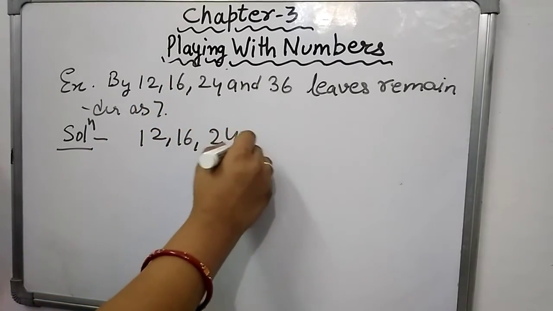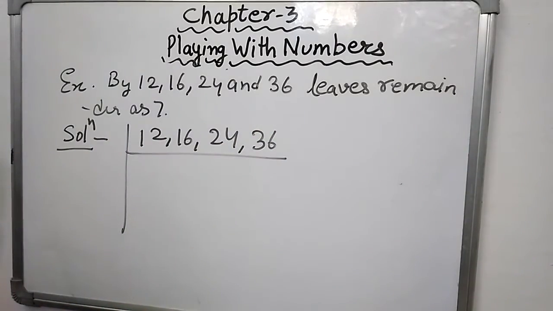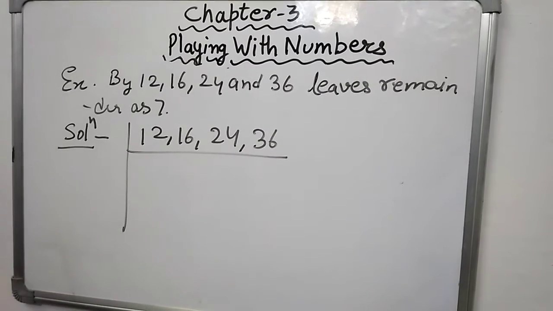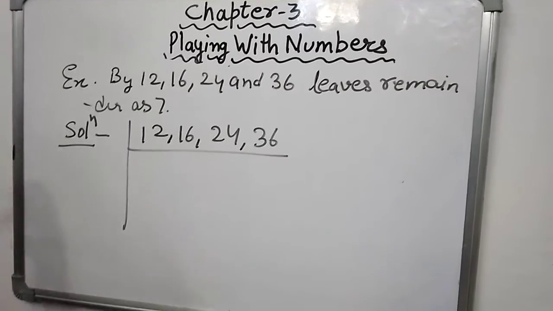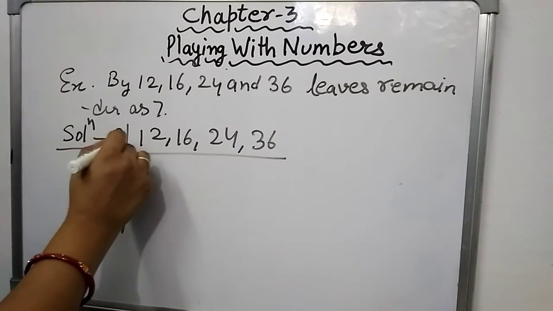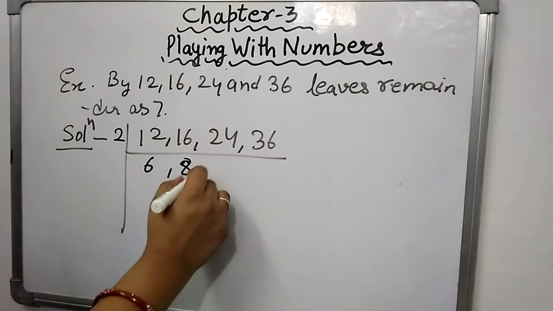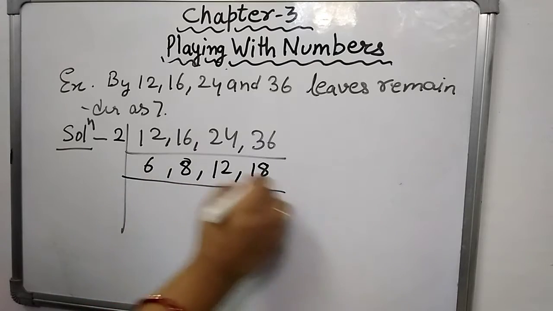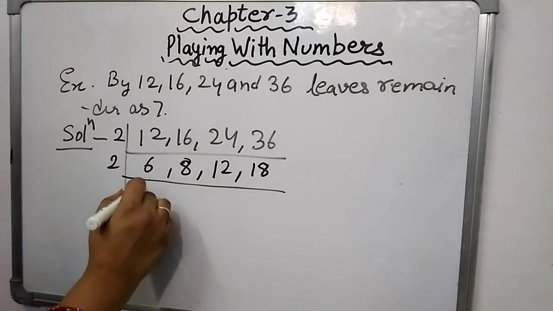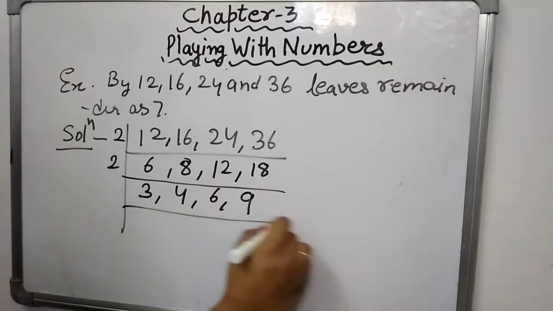We mostly find LCM with the repeated division method, so we will apply that. Start dividing with 2. Now we have 6, 8, 12, 18. All these four numbers can again be divided by 2, like this.